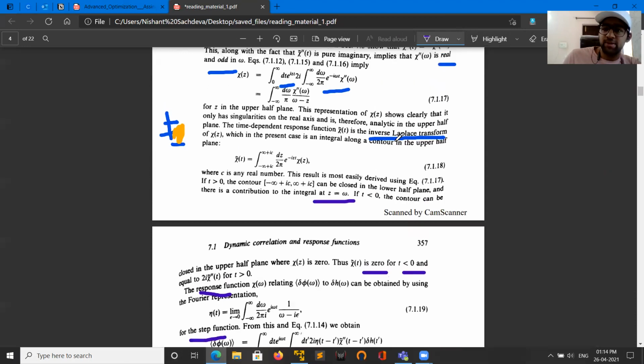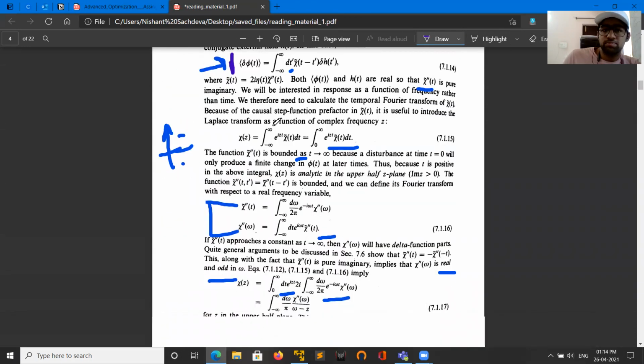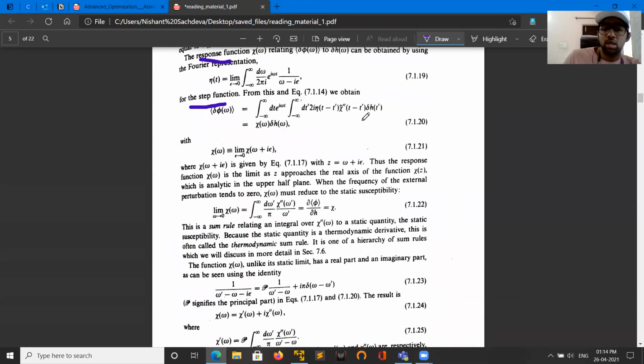From this, and equation 7.1.14, which is this one, we obtain this particular average. So this integral is what we are solving, and we end up with χ(ω) and δh(ω), where χ(ω) is the limit as ε tends to 0 of χ(ω + iε).